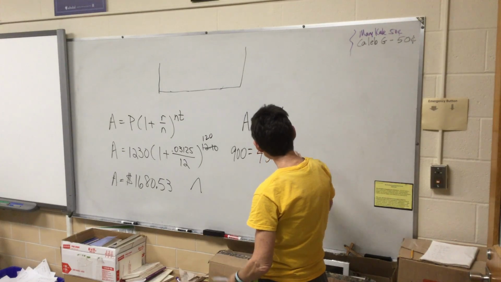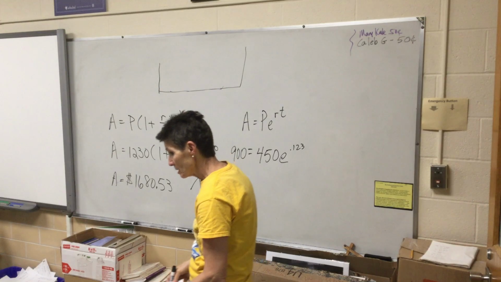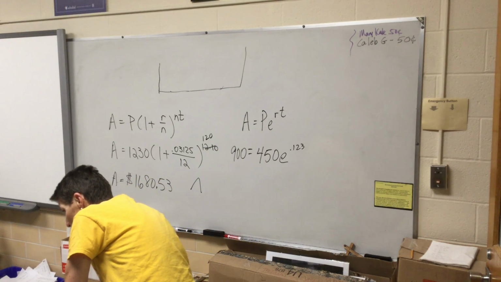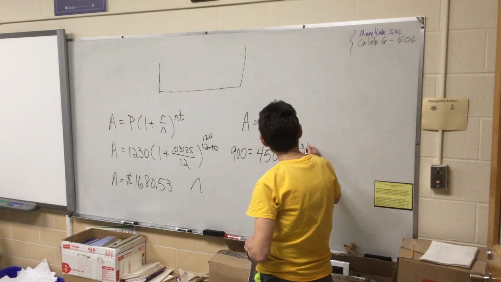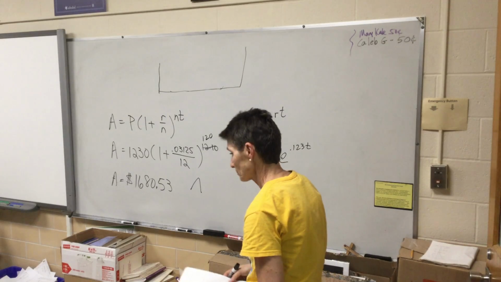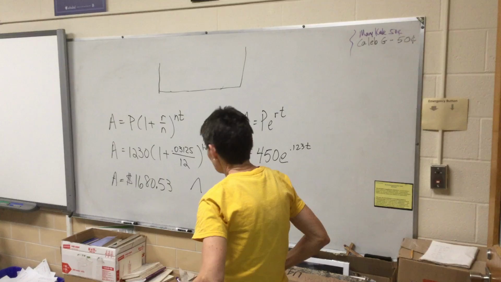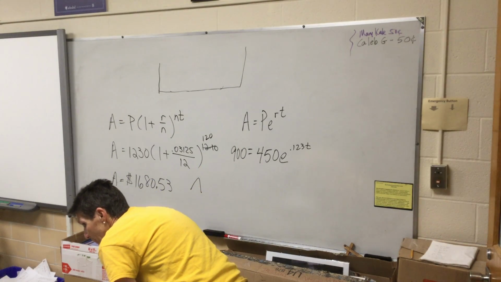The growth constant is 0.123. So this population grows at a 12.3% rate. And we want to know how long it's going to take. Everybody okay with that?